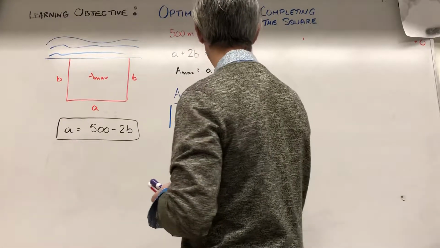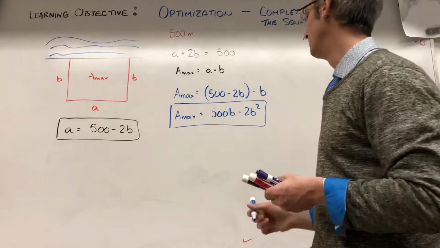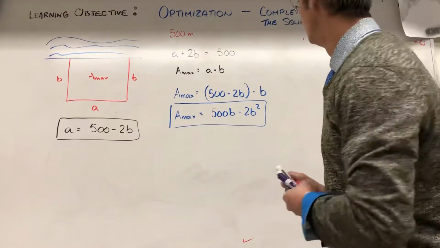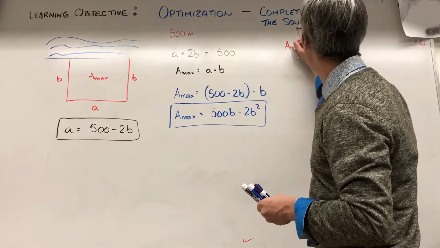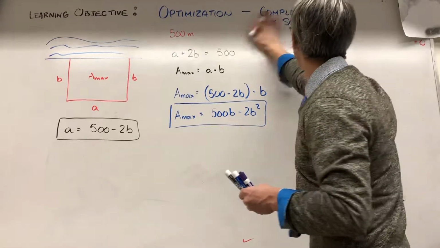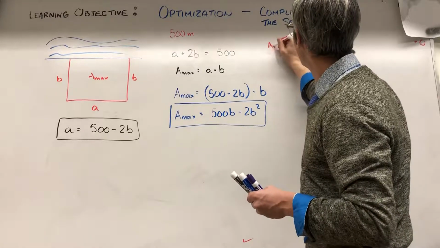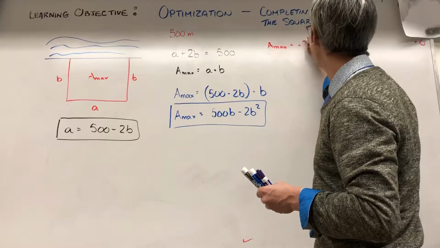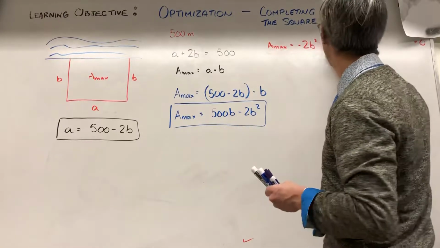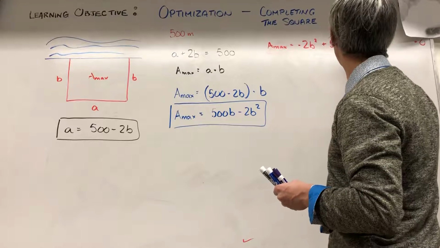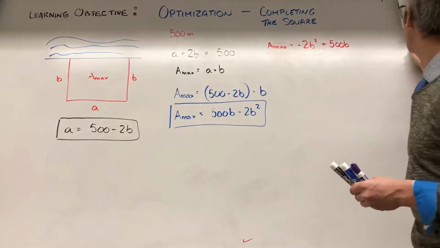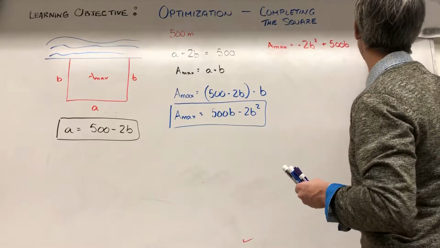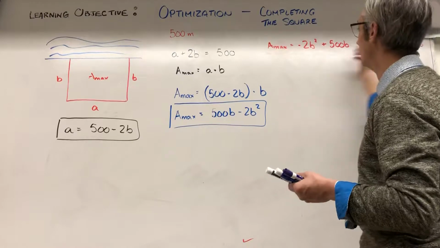And now I can complete the square on this formula. So let's do that. I have A max, I'm going to move this right over, and I want to have my squared term in the front, is equal to negative 2B squared plus 500B, plus my invisible 0, so I can move this 0 out of the way, I just don't deal with it.